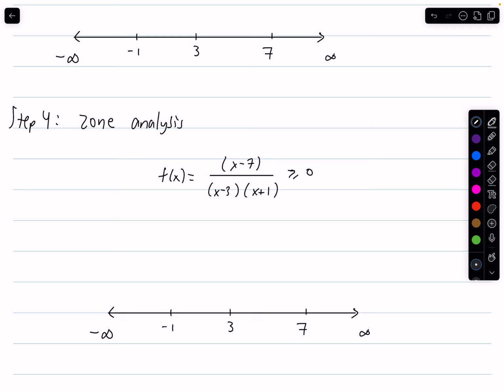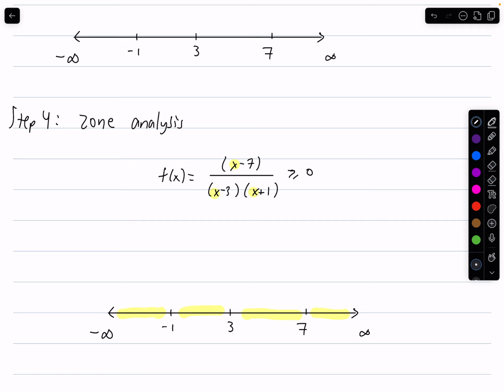So what the zone analysis basically states is that we're going to look at these 4 zones, take any arbitrary number within each zone, and plug it in as the x term. And from that, we're going to determine if that zone is overall positive or overall negative.